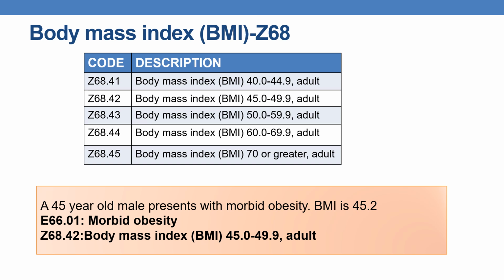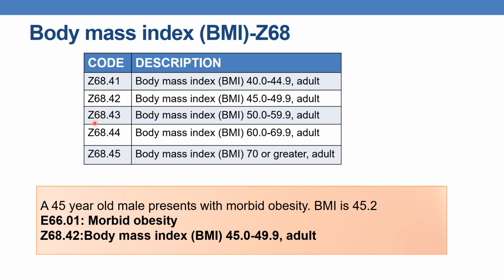Here you can see Z68.41 indicates body mass index in the range 40.0 to 44.9. It is not 40.9, it is still 44.9. The next is Z68.42. It is coded when the BMI is in the range 45.0 to 49.9.